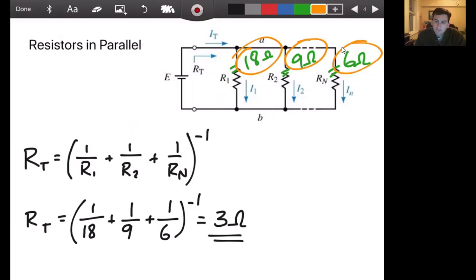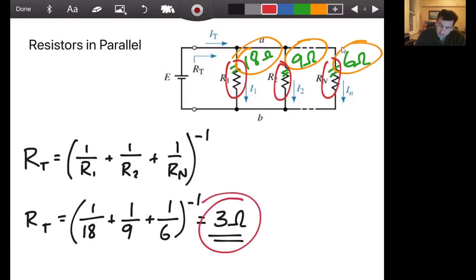One way to think about this is that if these were 3 different roads that a whole bunch of traffic could travel down, having 3 different roads overall is going to reduce the amount of traffic you're going to have versus if you only had access to 1 road. Even if each of those roads is imperfect and has some traffic, it's better than having only 1 road available to you. So your combined resistance is always going to be less than any one individual resistance.